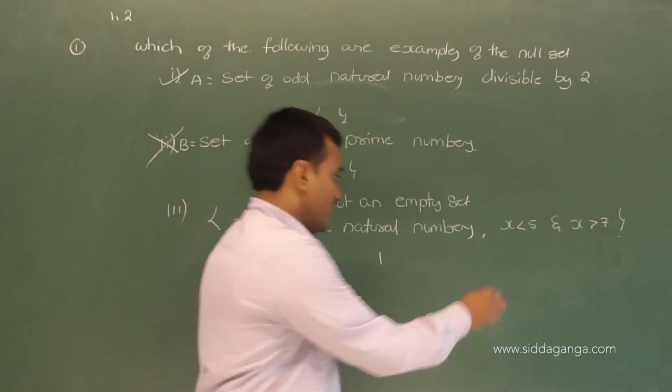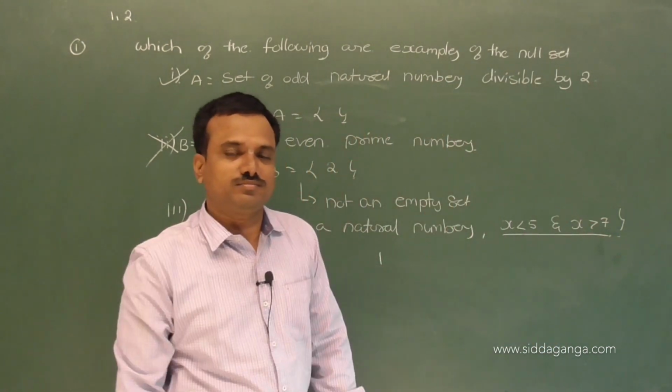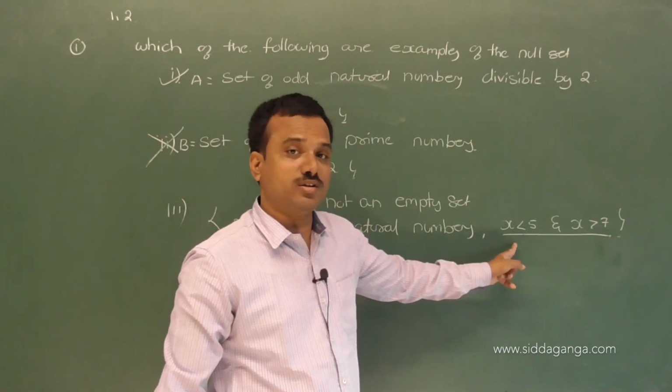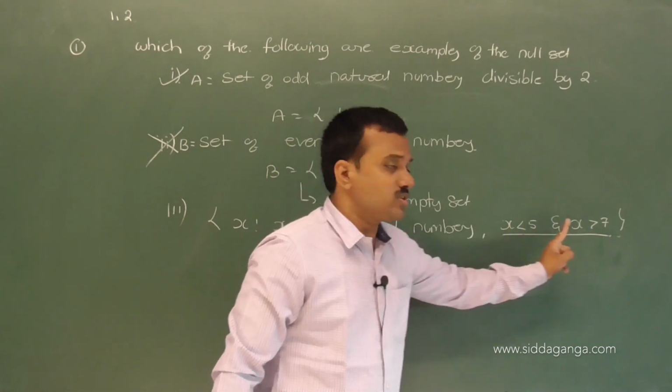The given number must satisfy both conditions. Not only one condition, here it is given as and. So the given number satisfies both conditions.